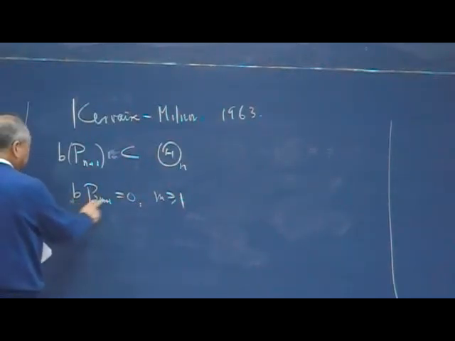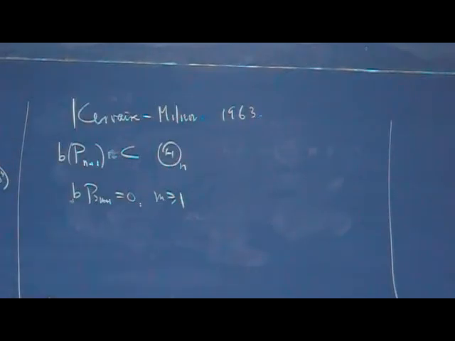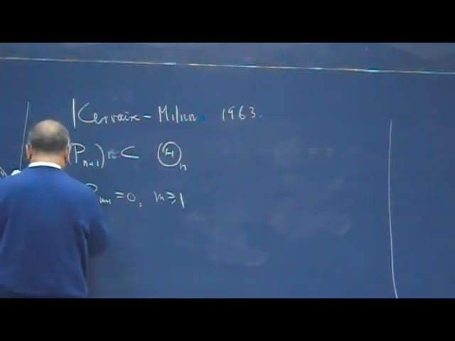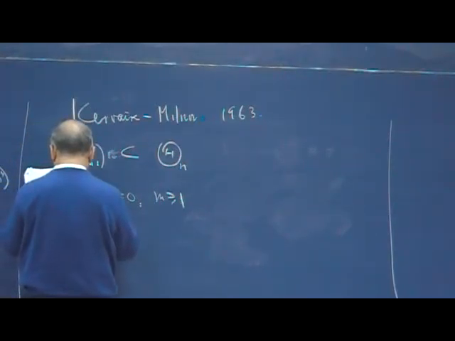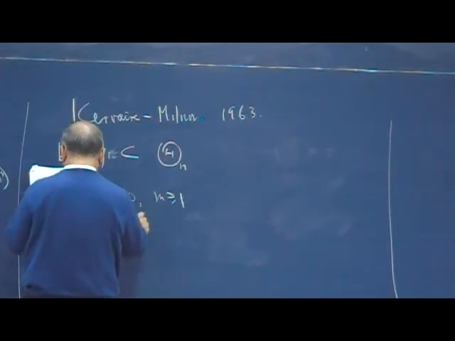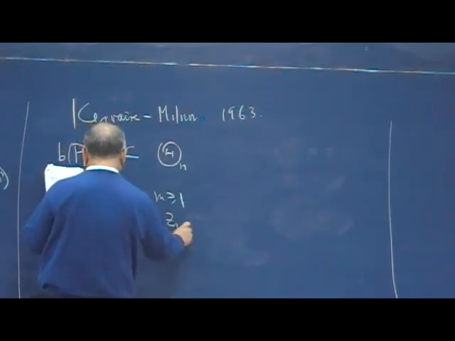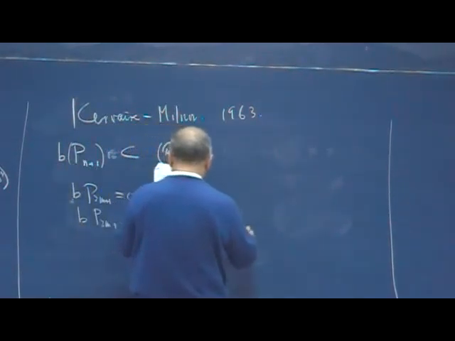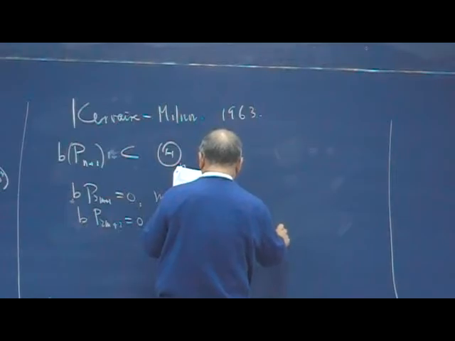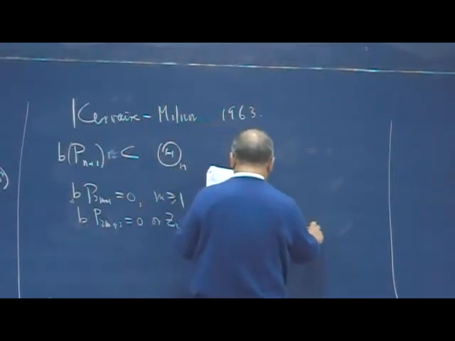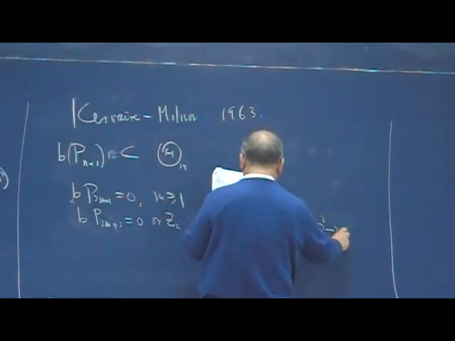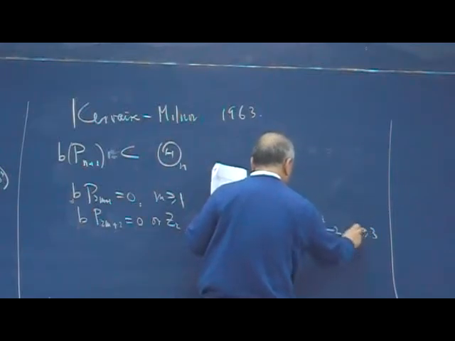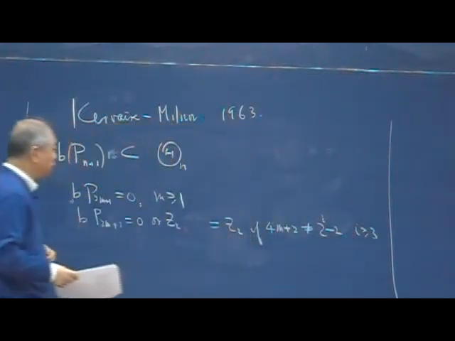So there are no exotic spheres which bound parallelizable manifolds in dimension 2m+1. And bP_{2m+2} equals 0 or C2, and is equal to C2 if 4m+2 is not equal to 2^i minus 2 for some i bigger than 2.